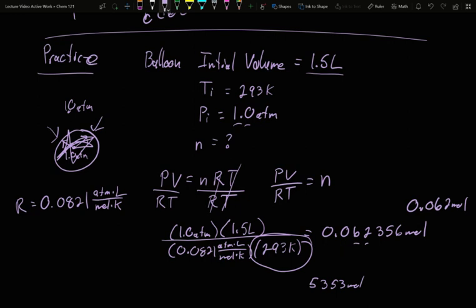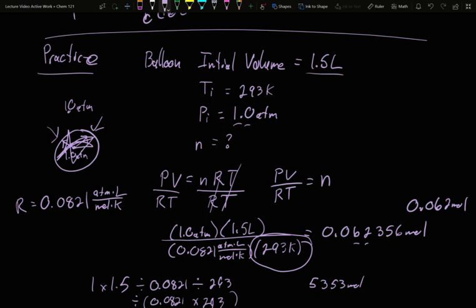Depending on your calculator and how you use parentheses, in my calculator I had 1 times 1.5 divided by 0.0821 divided by 293. If you're not using parentheses, you need to enter it this way. A lot of times I see folks accidentally say the bottom is 0.0821 times 293. But if you don't have the whole bottom part in parentheses, then it accidentally multiplies everything by 293 instead of putting it on the bottom.